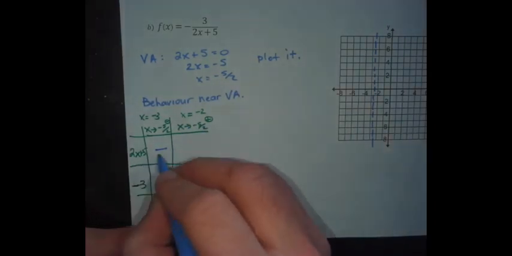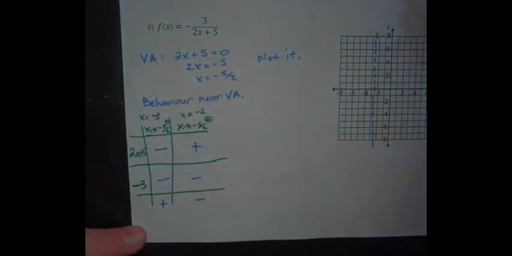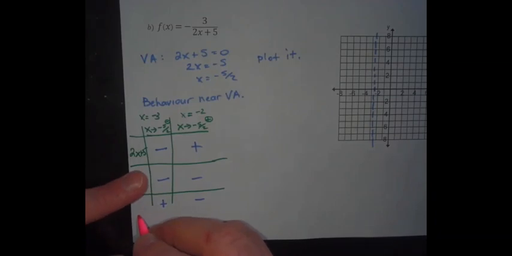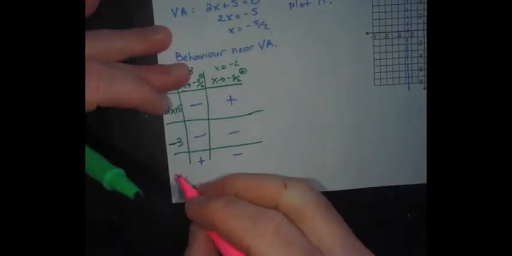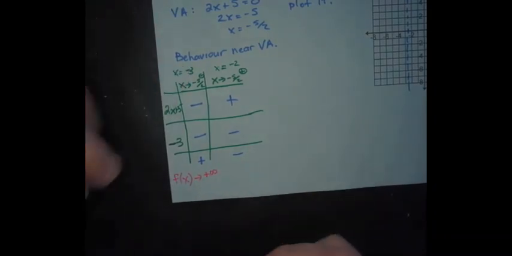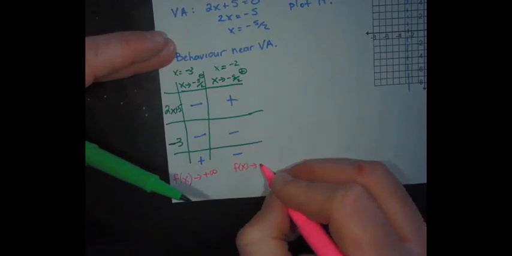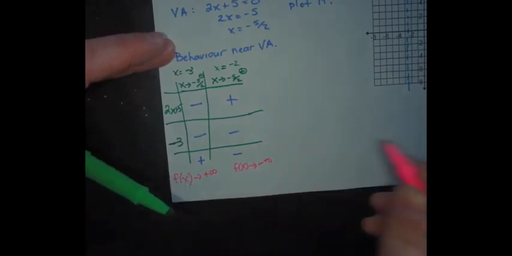If I put negative 2 in there, that's a positive, that's a negative, that's a negative. The only thing that's different here is the result. So as we get really, really close, this is always going to be positive infinity, and that's going to be negative infinity.